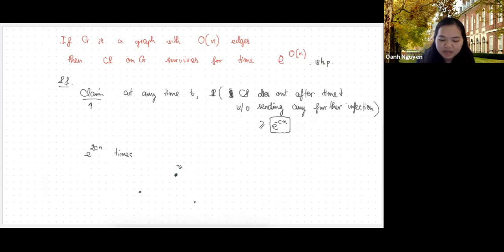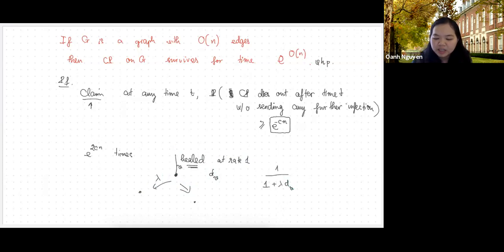So here V is healed at rate 1, and it is sending infections at rate lambda, and there are dV neighbors of V. So the chance that V is healed before sending any infection is 1 over 1 plus lambda dV.